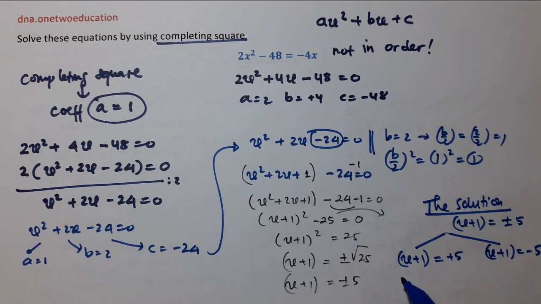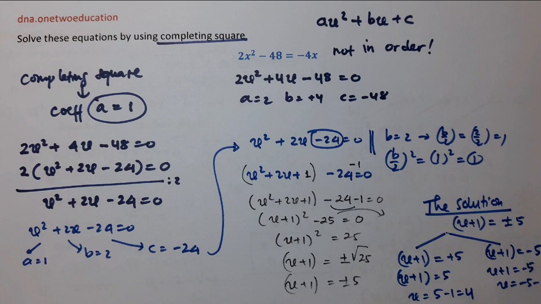So here, x plus 1 equals 5, so x is 5 minus 1 equals 4. And here, x plus 1 equals minus 5, so x is minus 5 minus 1, so you have x equals minus 6.